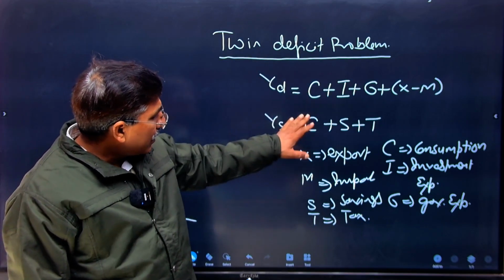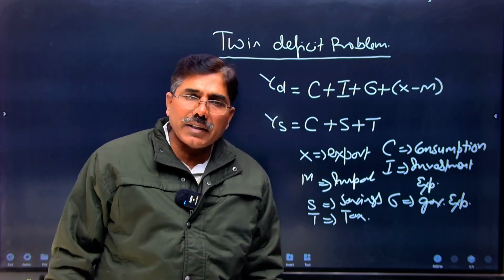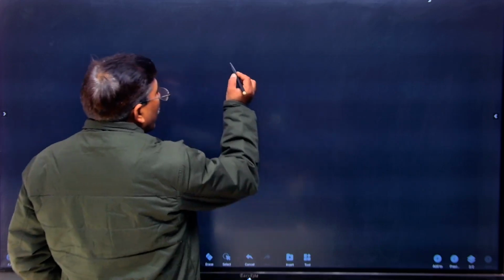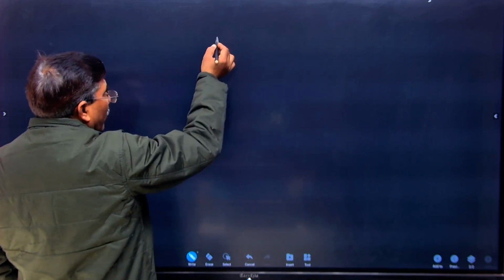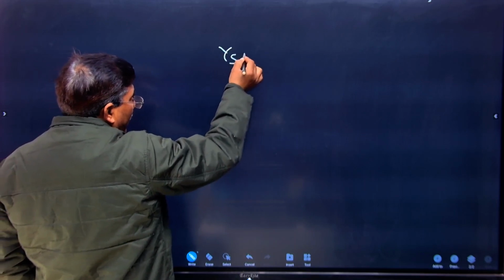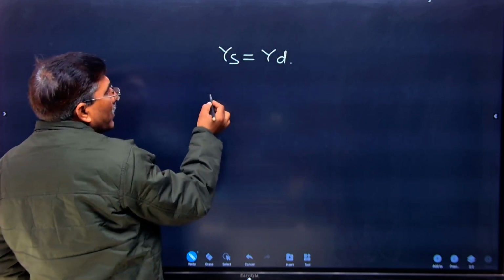What is the derivation of this twin deficit? Now you can understand with the help of these equations. In the equilibrium state, national income from the supply side is always equal to national income from the demand side.